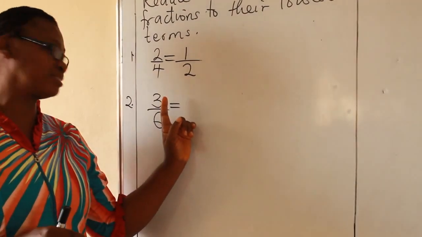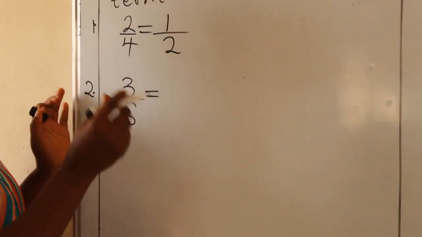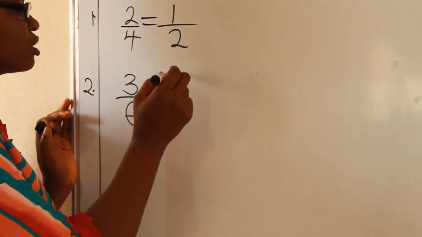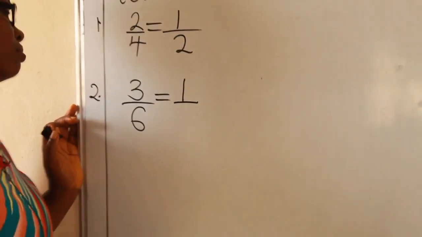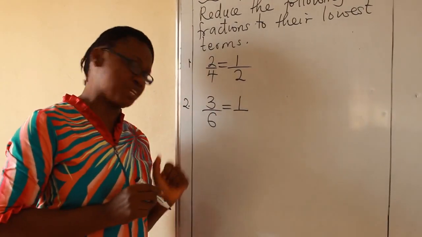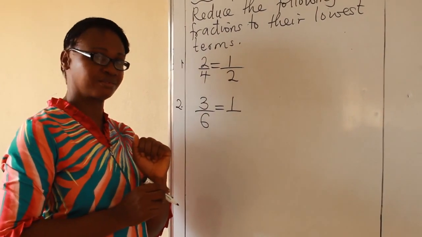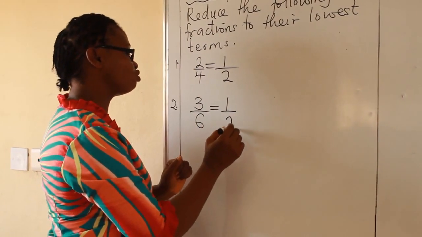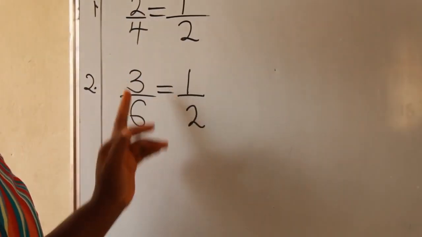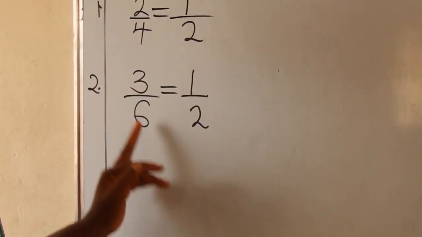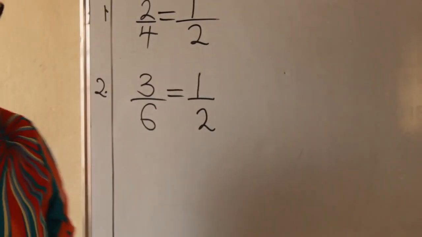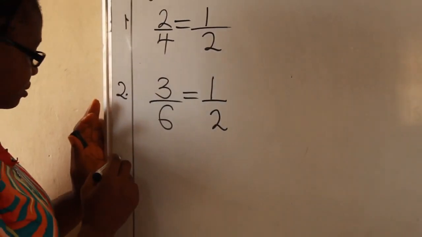You start with the least number. 3 can be seen in 3 how many times? 1. And then how many times will you remove 3 from 6? Children, we have 2 times. So 2 times 3 will give you 6, and 3 times 1 will give us 3. I hope you understand that.